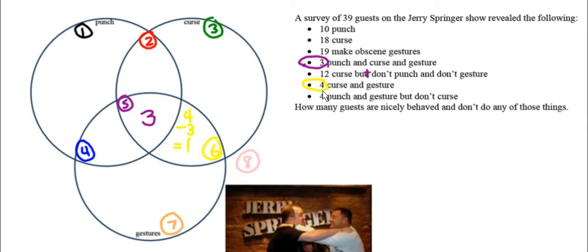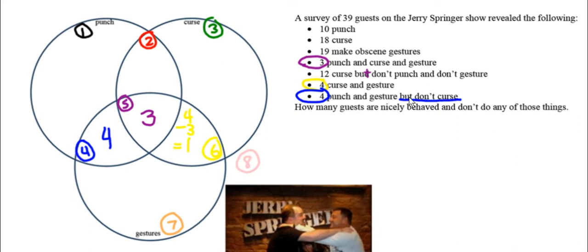Now, this 4 here says they punch and gesture but don't curse. So that is just section 4. In this case, you do not subtract the 3 because they punch and gesture but don't curse.